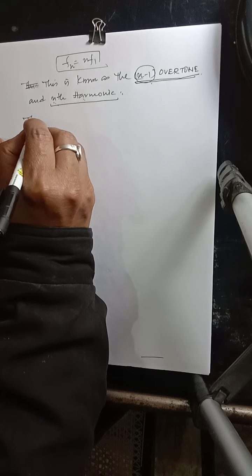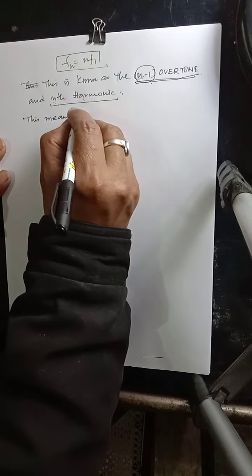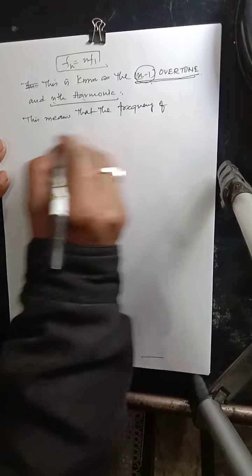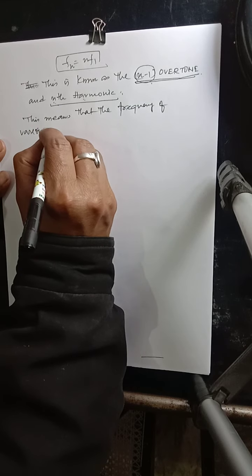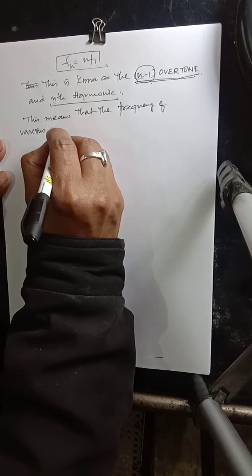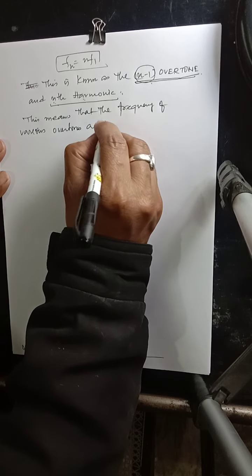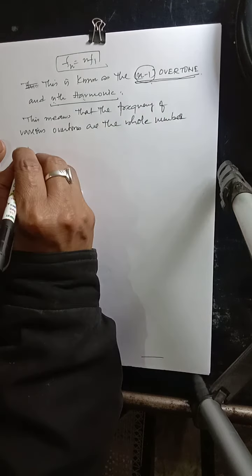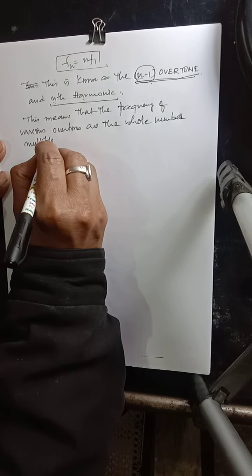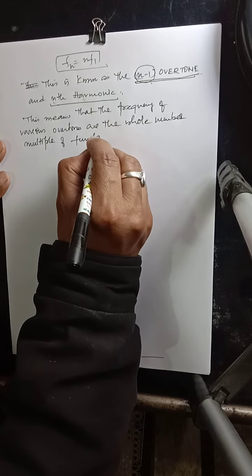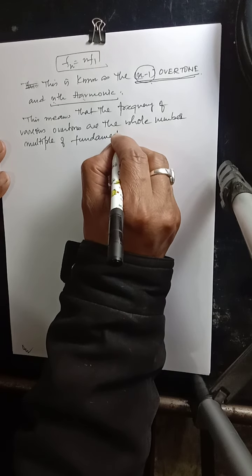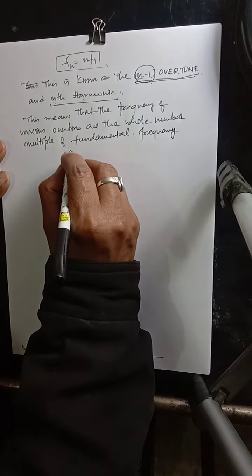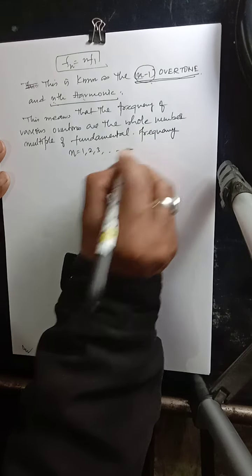What does it mean? It means that the frequency of various overtones are the whole number multiple of fundamental frequency, which means n is equal to 1, 2, 3 and so on.